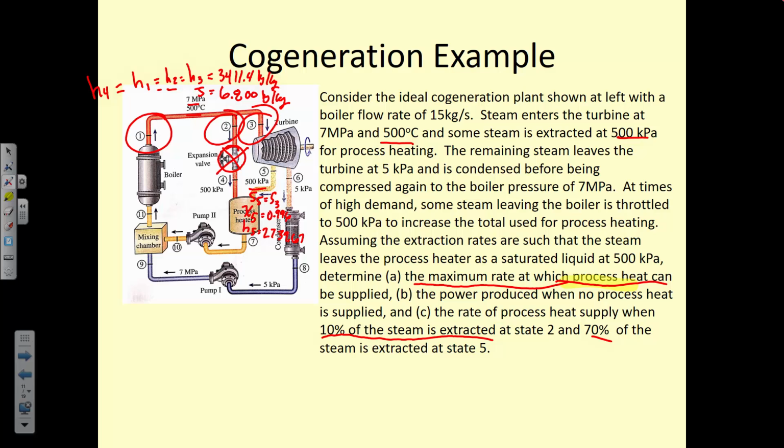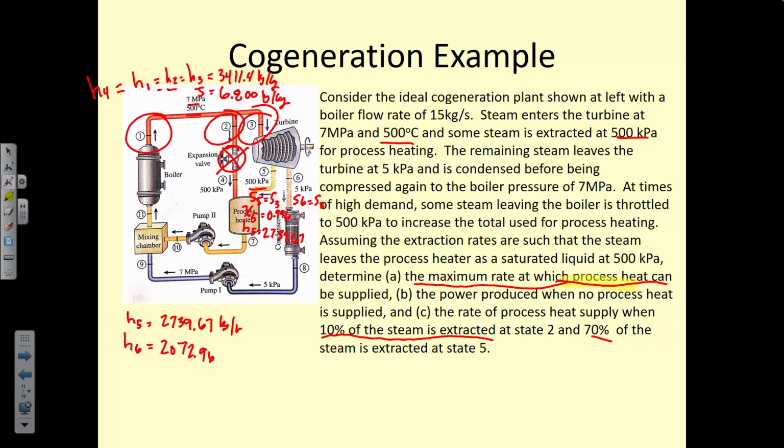Can you read that? No? So I'll write it down here, H5 is 2739.67. We do the same thing for state 6. S6 is also equal to S3, but in this case we can calculate H6 is 2072.96.